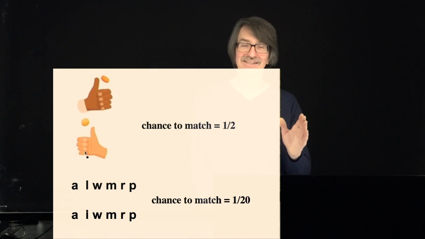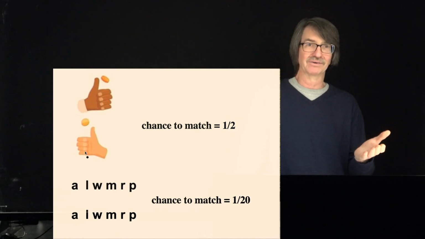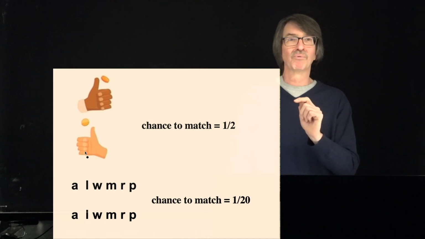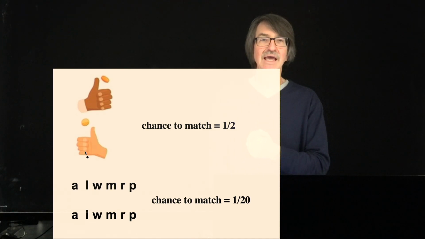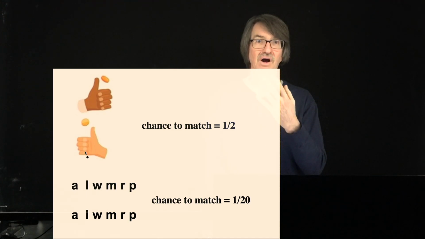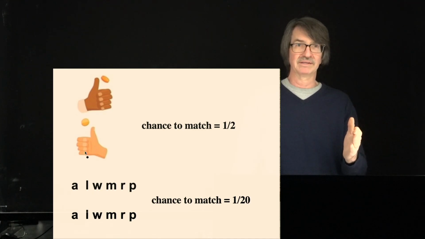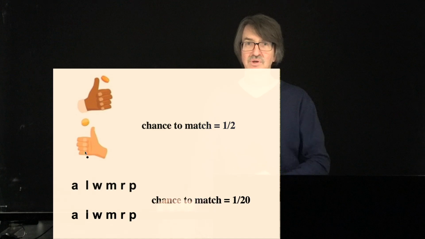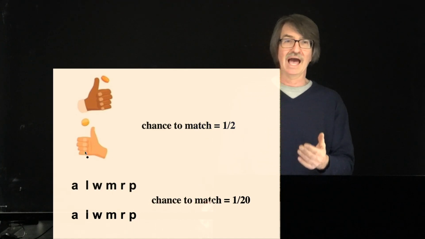Here's a key concept, and it's one of the most important concepts of life on Earth, and it is weight. Because we're not talking about coins, we're talking about amino acids, and there are not two possibilities, heads and tails. There are 20 different common amino acids that are coded for by the DNA. So if the human matches with the dog at the first amino acid, and those are the single letter amino acids, so the first one that matches is alanine.